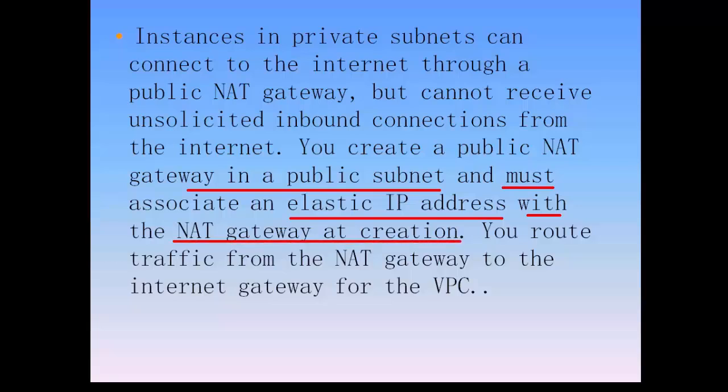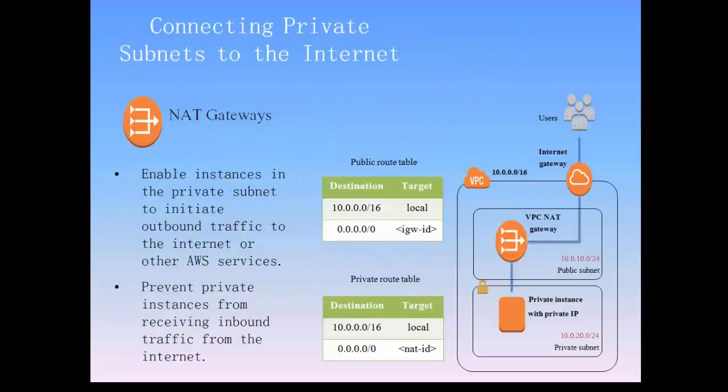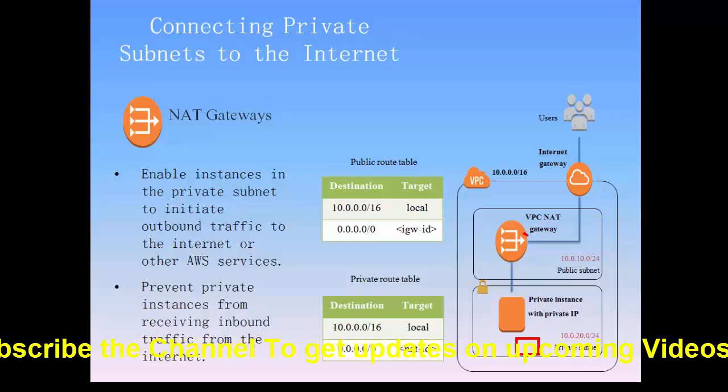This EC2 here does not have any public IP, but this gateway must be associated with a public IP, or elastic IP you can say. Elastic is a static public IP.